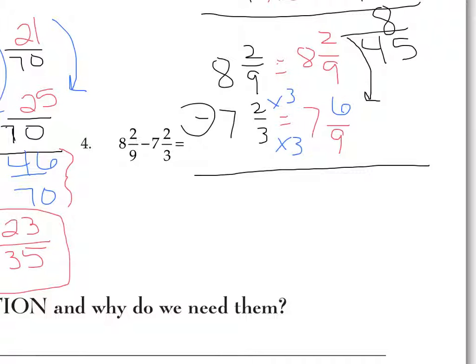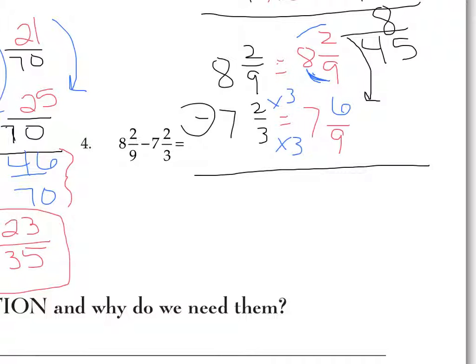So there's actually 2 ways to do this. A lot of people like to go ahead and turn these into improper fractions, and that makes the subtraction easier, so I think we'll just do it that way. We'll turn these into improper fractions. If you remember how to do that, you multiply the denominator times the whole number and then add the numerator. So 9 times 8 is 72, plus 2 is 74.